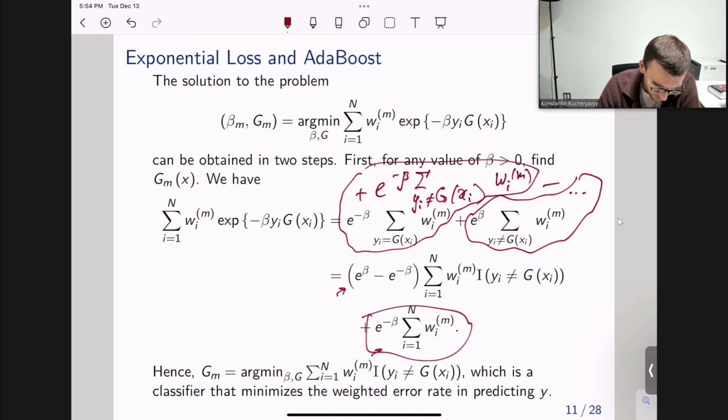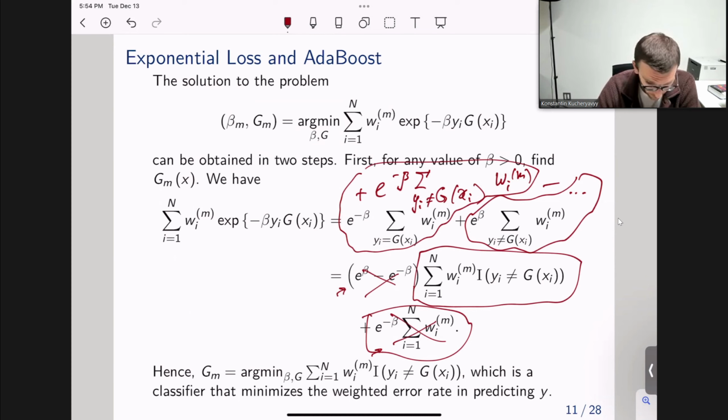This term doesn't depend on G, and it's positive. And so what we really need to find is a classifier G that minimizes this part, which is the classifier that minimizes the weighted error rate in predicting y, which is what we had in AdaBoost.